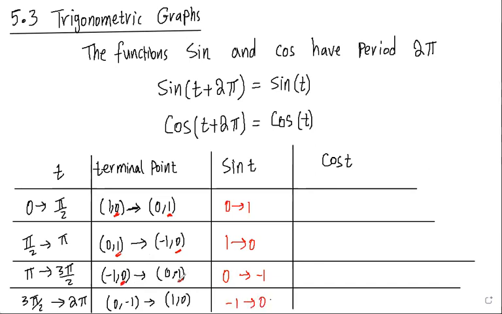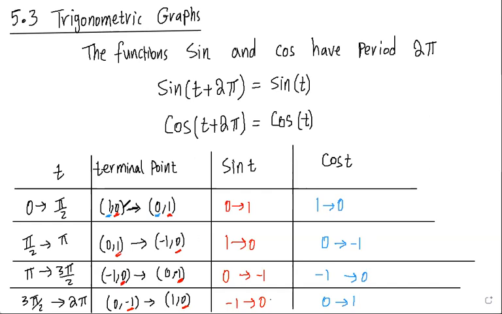That's the y coordinate of the terminal point. But for the cosine of t, it's the x coordinate of the terminal point: from 1 to 0, from 0 to -1, from -1 to 0, and from 0 to 1.